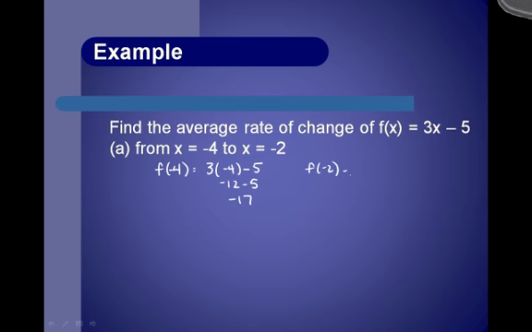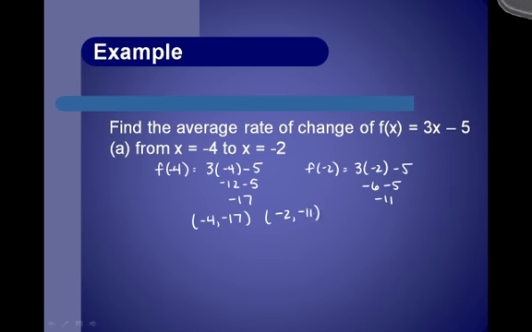F of negative 2 would give us 3 times negative 2 minus 5, which is negative 6 minus 5, which is negative 11. So our ordered pairs are (negative 4, negative 17) and (negative 2, negative 11).